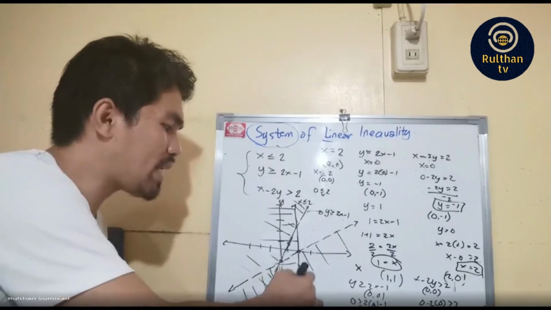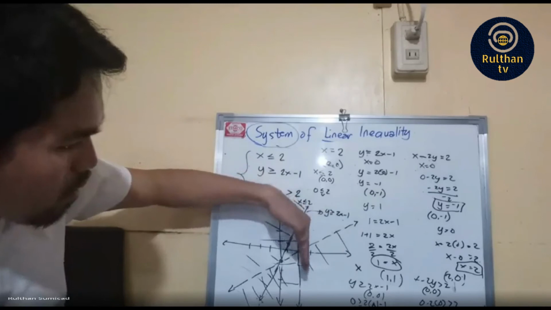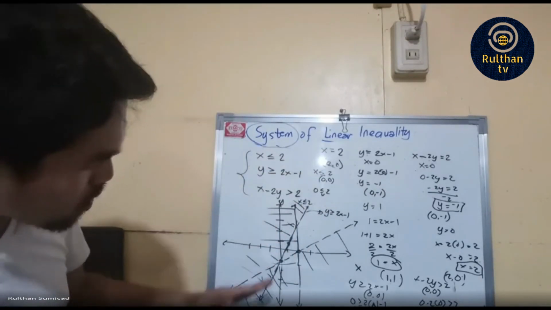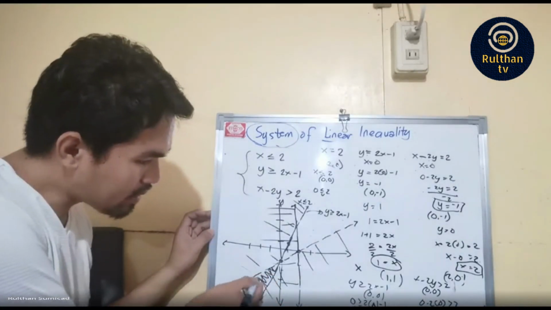So where is now the colliding section of the three? If we look at this one, this line goes here. Well, this line goes up here. And then this one goes down here. So it follows that this is the colliding section, this area, right?